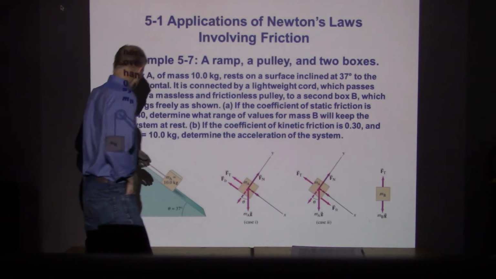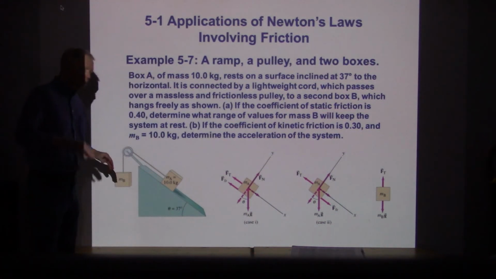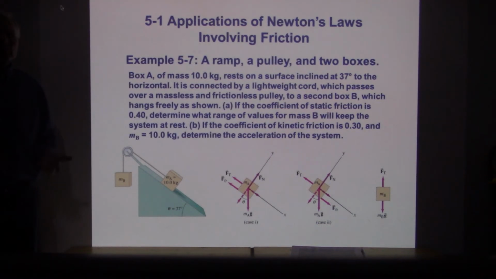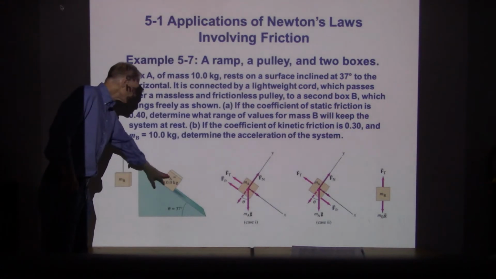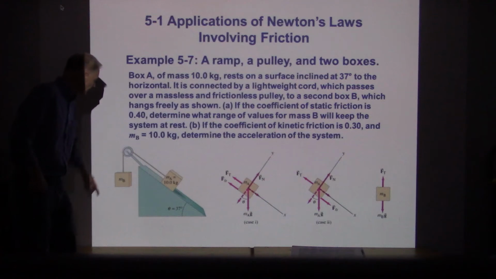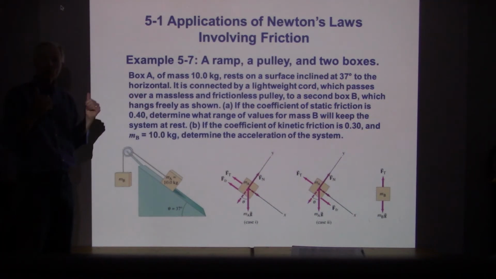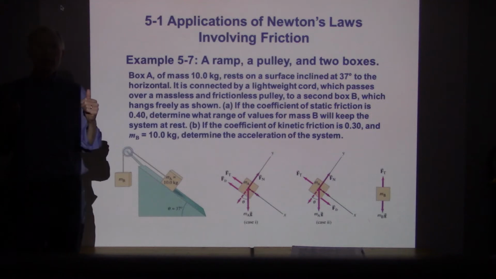Now the other possibility is, what happens if we keep making MB a little heavier and a little heavier? At some point, it's going to be large enough to balance this without any friction at all. And then if MB gets really large, it's going to tend to pull MA back up the incline.